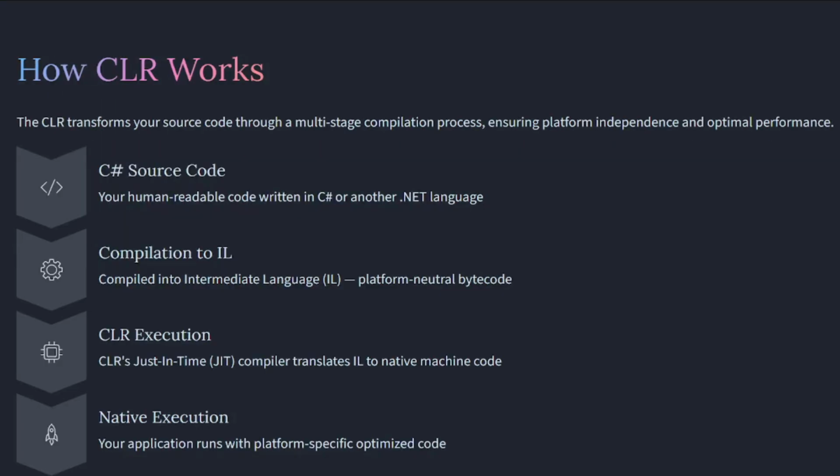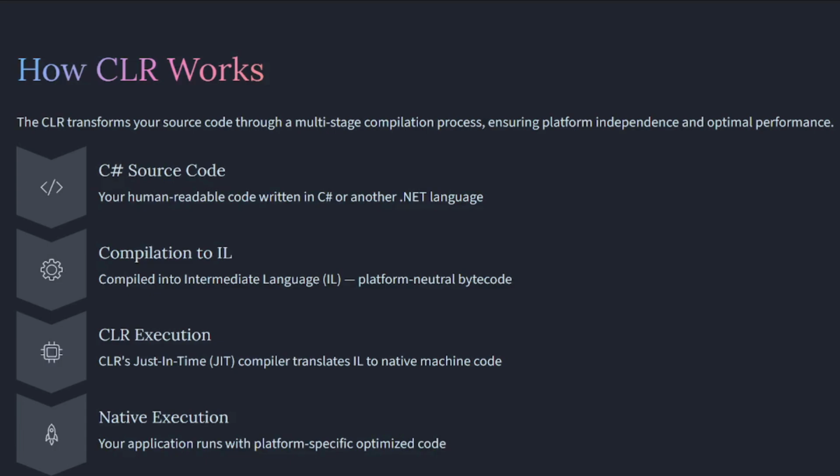Now, let's understand how this actually works step by step. First, we write our code in C Sharp. This is the language we understand, but the computer doesn't understand C Sharp directly. So, this code is first converted into something called intermediate language, that we call IL code. You can think of this IL code as a middle language, something that .NET understands.